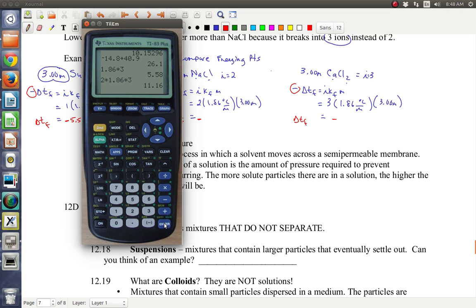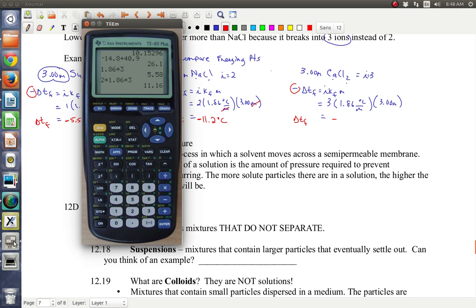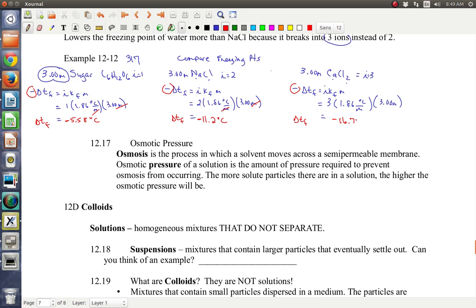So 11.16. And there's 3 significant figures, so 11.2. And the third one is 3 times 1.86 times 3, or 16.74. 3 significant figures, so 16.7. So, which one of them lowers the freezing point the most?